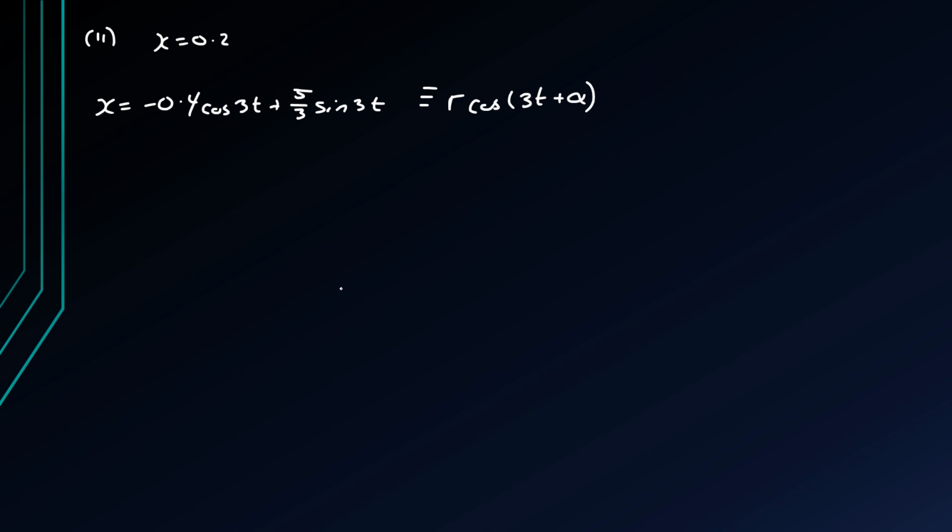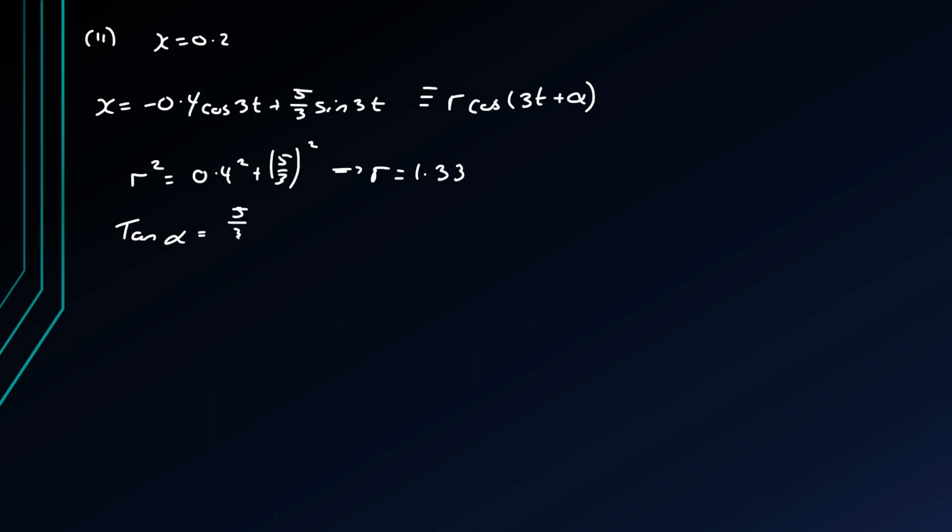So, if you remember, we have that r squared is 0.4 squared plus 5/3 squared, again taking just the absolute value. And so r is 1.33. We're also told that tan of this angle alpha is the sine over the cos.